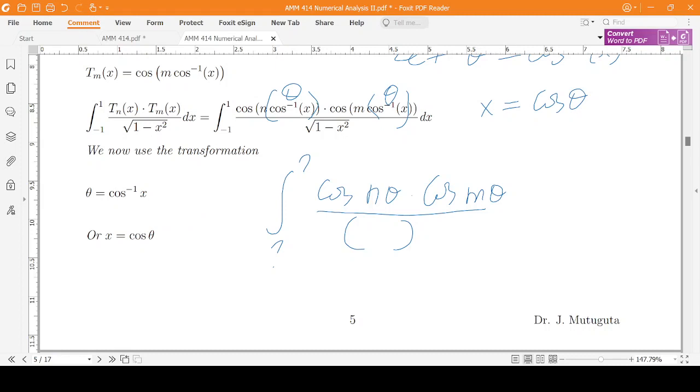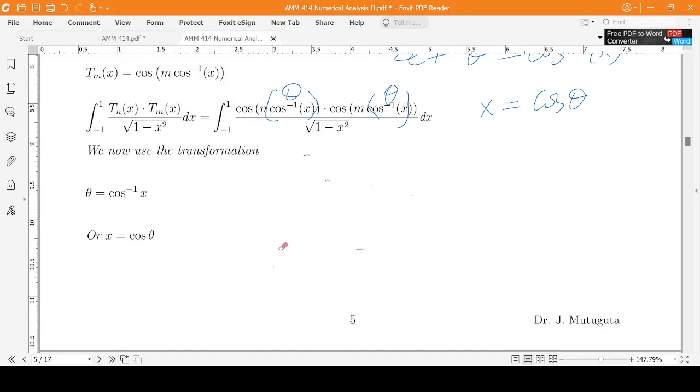Now, let's look at the limits. It's a bit difficult to wrap this. Let me try to do it as much as possible.